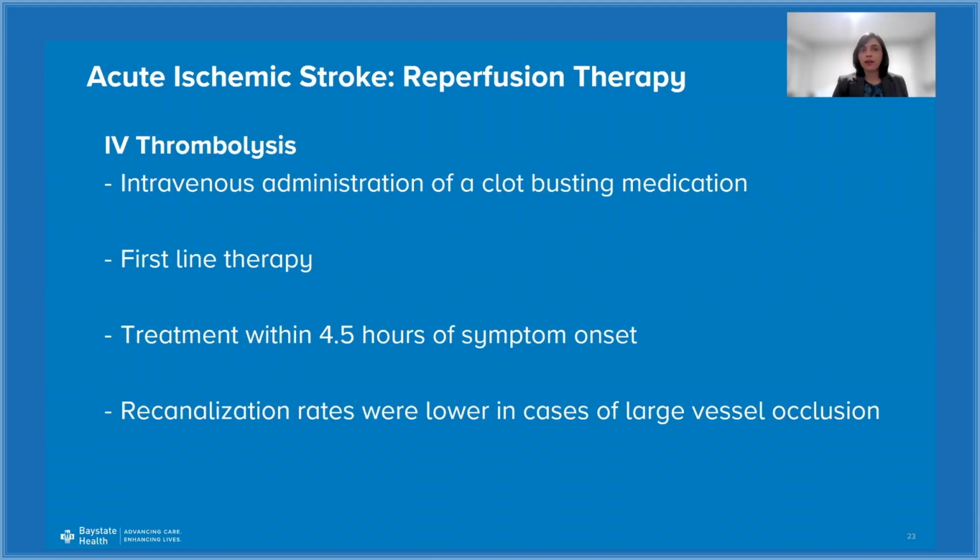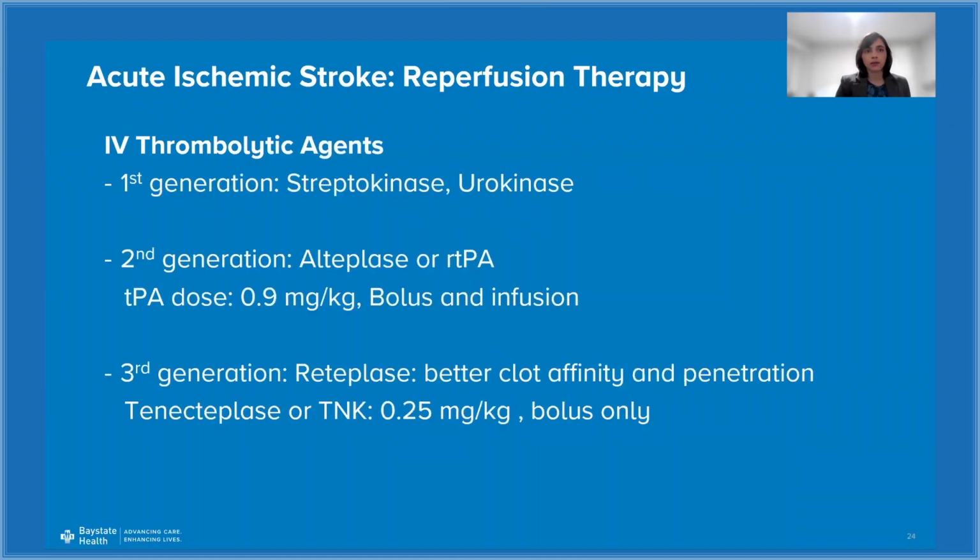Again, this is the use of an intravenous clot busting medication, which is the first line of treatment. We talked about the 4.5 hours from symptom onset, and we also talked about how recanalization rates were lower in cases of large vessel occlusion. If you look at the various medications, the first generation, which was streptokinase, did not work as well.